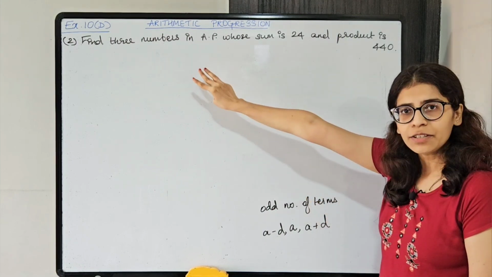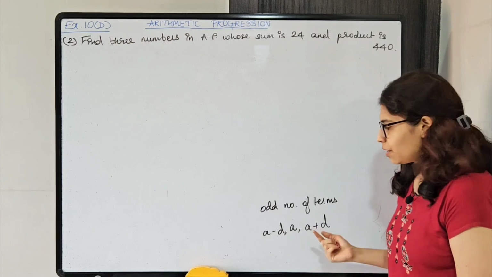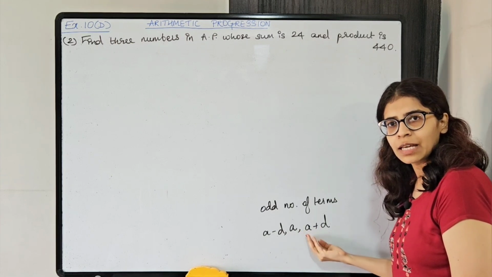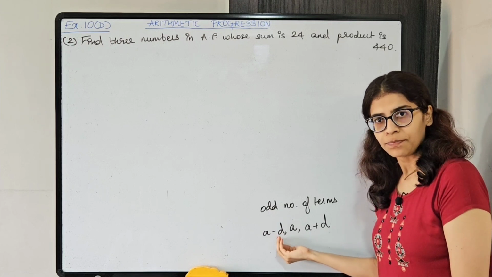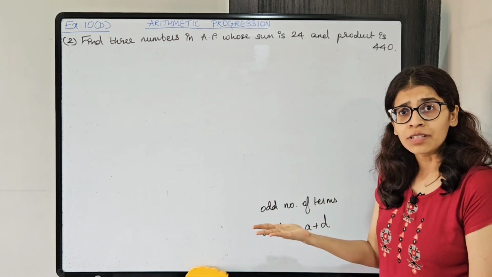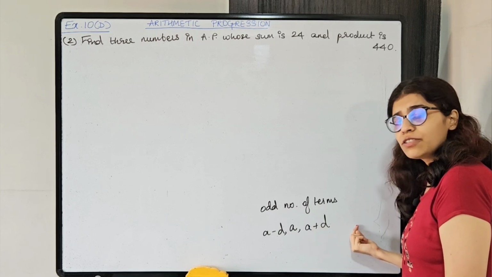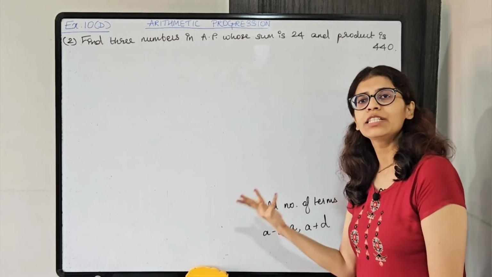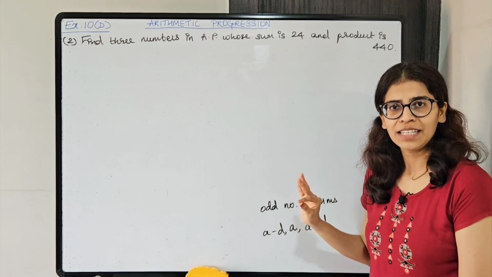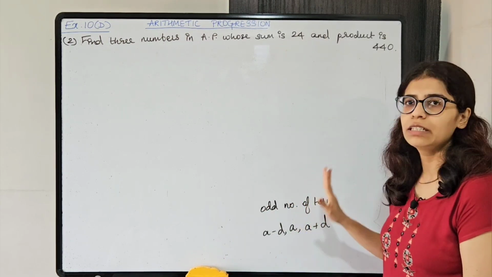यहाँ पे 3 टर्म्स है, 3 नंबर्स है, सो मिडिल वाला नंबर will be a, राइट हैंड साइड पे ऐड द डिफरेंस a plus d and लेफ्ट हैंड साइड पे a minus d. Okay, if you were told there are 5 numbers, then after this add the difference again, so that will become a plus 2d. Okay, and यहाँ पे सब्ट्रैक्ट, so a minus 2d. Very easy. Okay, so whenever odd number of terms are there, a will be the middle term.